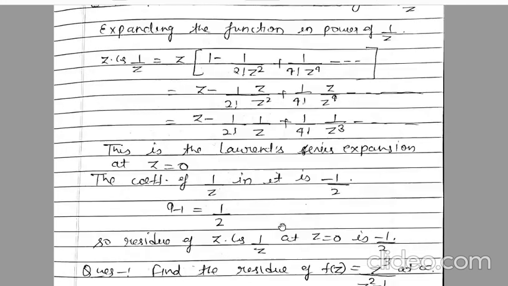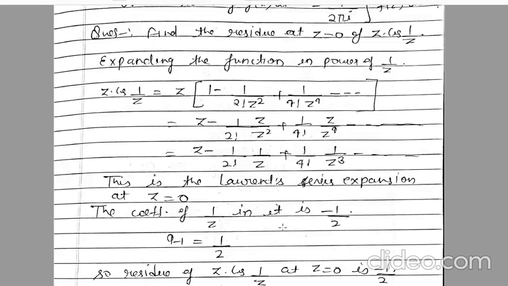Now, our previous question. Find the residue at z is equal to 0 of z into cos 1 by z. So I told you where cos z or sin z series is given, then you will expand your series. So cos 1 by z series is 1 minus 1 upon 2 factorial into 1 upon z square plus 1 upon 4 factorial into z to the power 4 minus and so on.